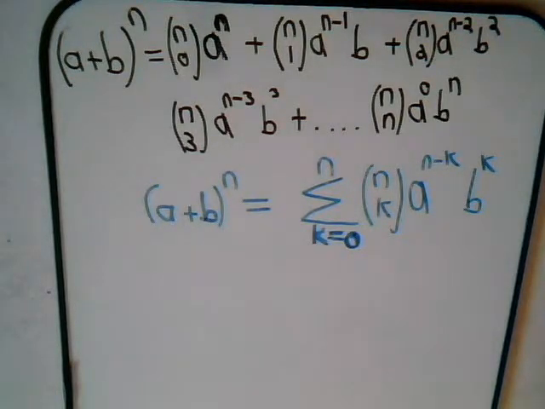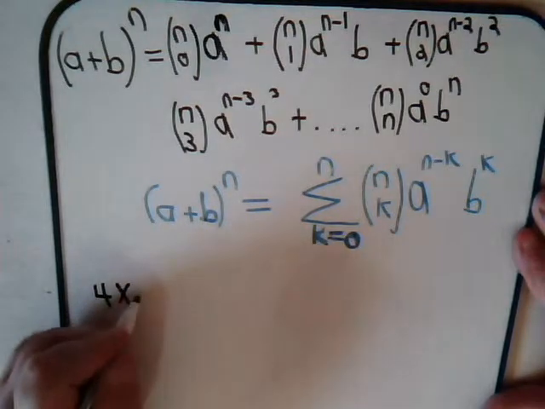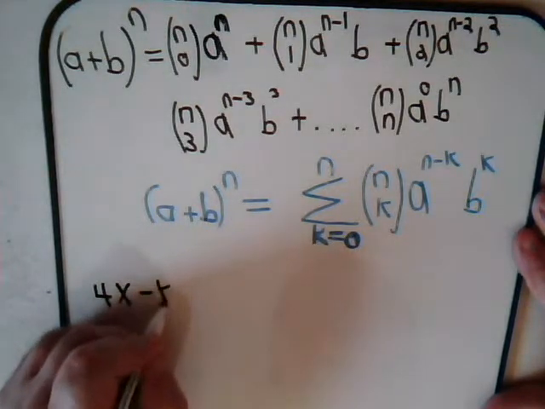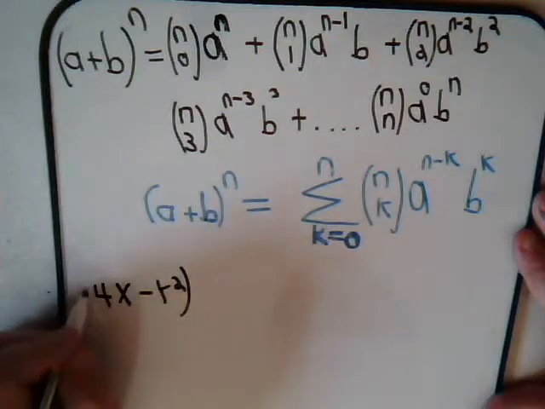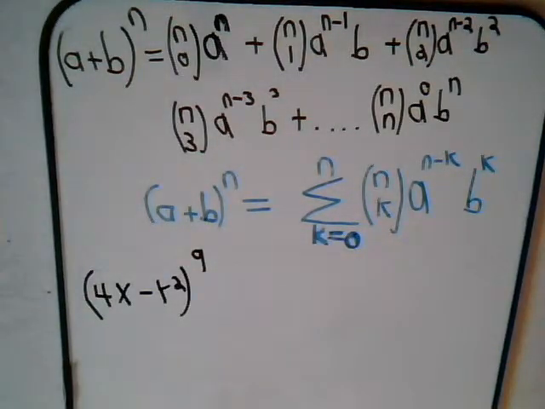Okay, but for this video, let's consider this kind of problem. Suppose we had 4x minus y squared raised to the 9th power. So this is going to give us a whole bunch of terms here.